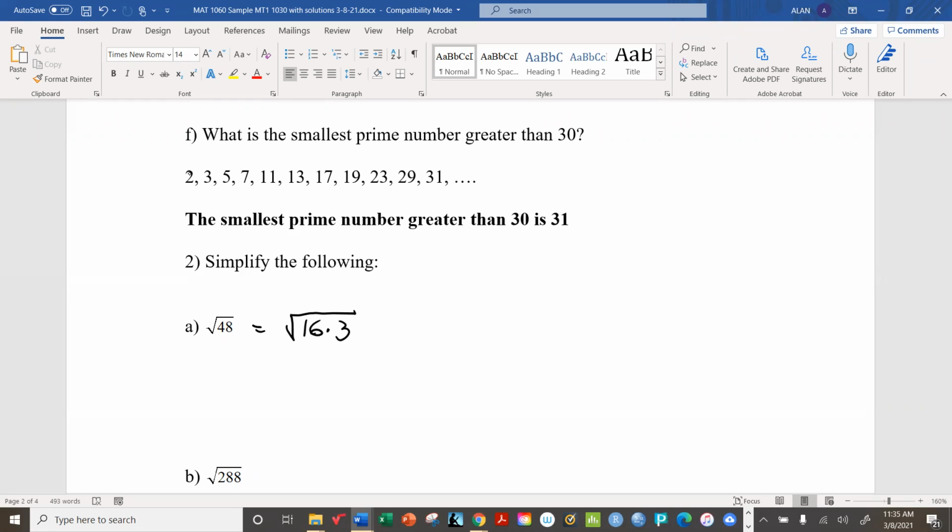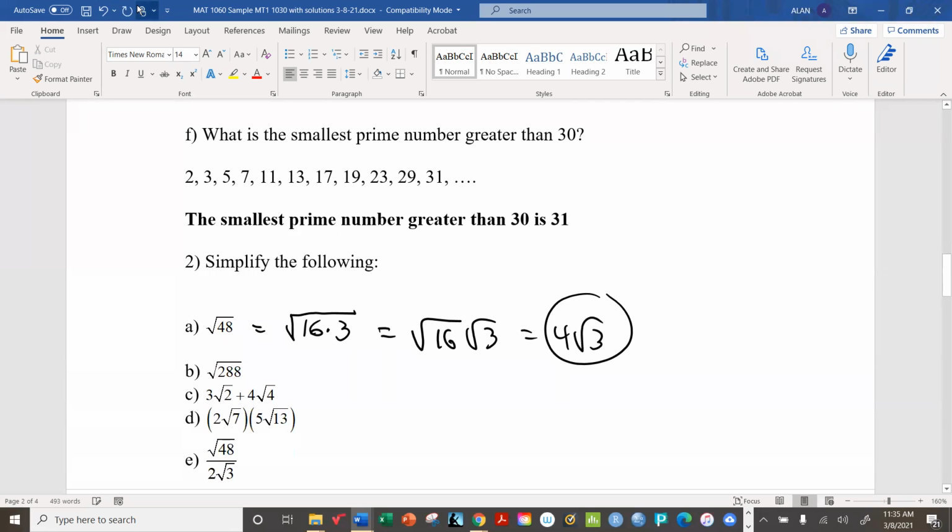So 4 would have been fine, but you would have had extra steps involved to simplify the 12. Here, we only have 2 or 3 steps. But no matter how you approach this, you're always going to wind up with 4 radical 3. Nice result. Well, fairly nice result.